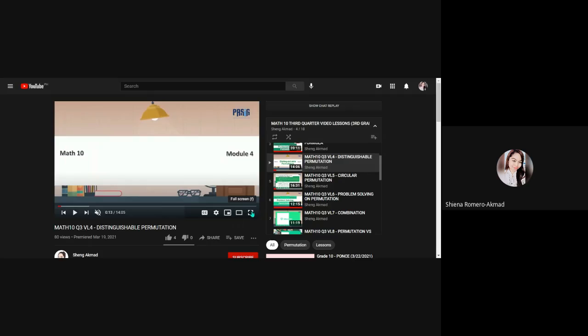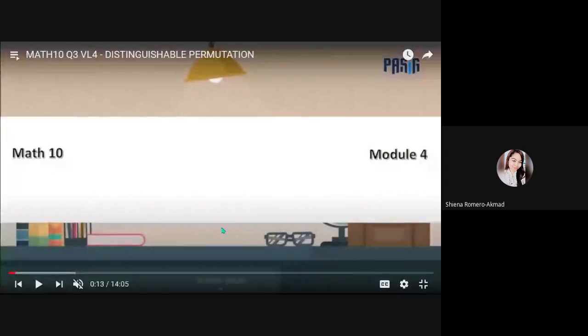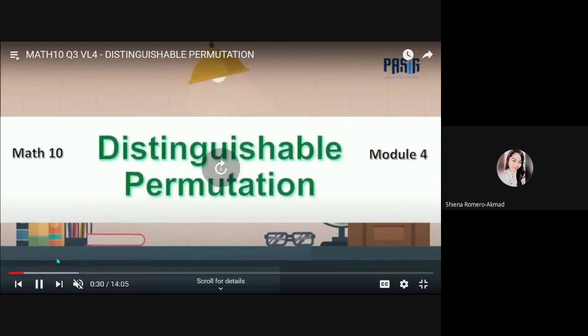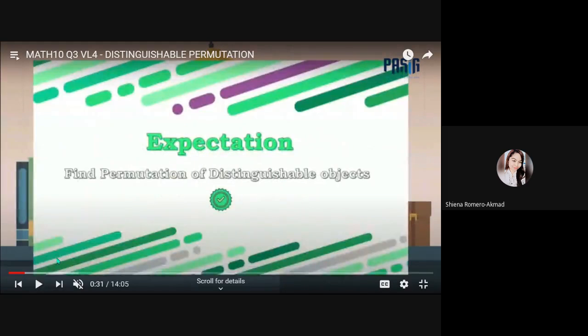So let us start with module number 4. So for module number 4, we're going to deal with distinguishable permutation.